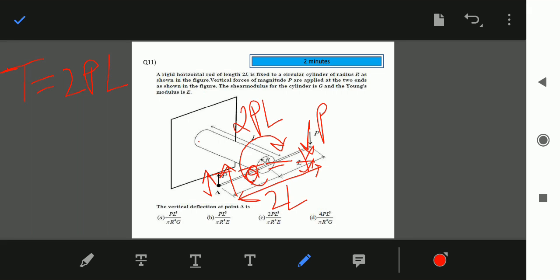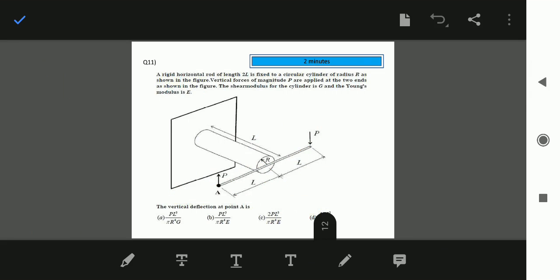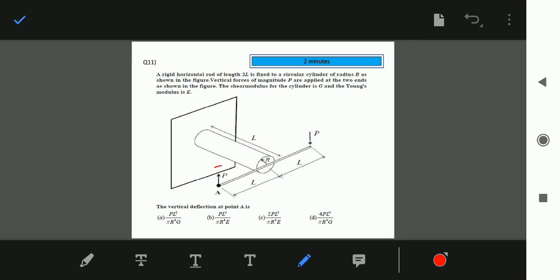This deflection is asked, so this deflection will be theta into L. Since theta is small, the deflection will be theta into L. I will show it more. So this is theta, and this deflection will be theta into L. You got it? This will be theta as the twisting moment T is applied.